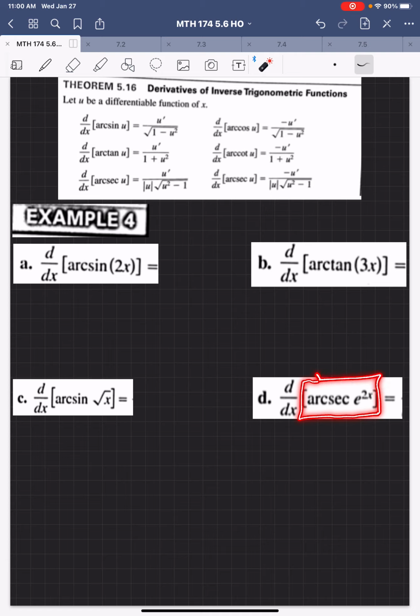I don't know what it is that you're trying to model or do, but this function is of some value to you, and you would like to be able to start calculating rates of change of that function.